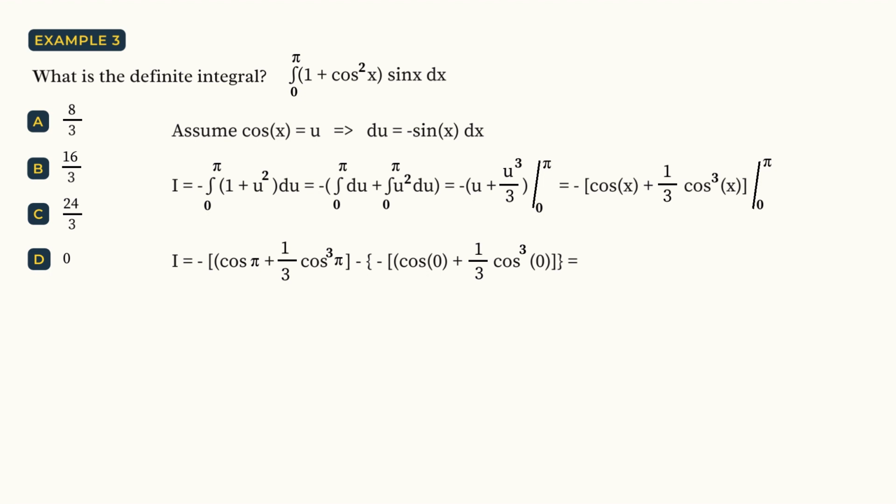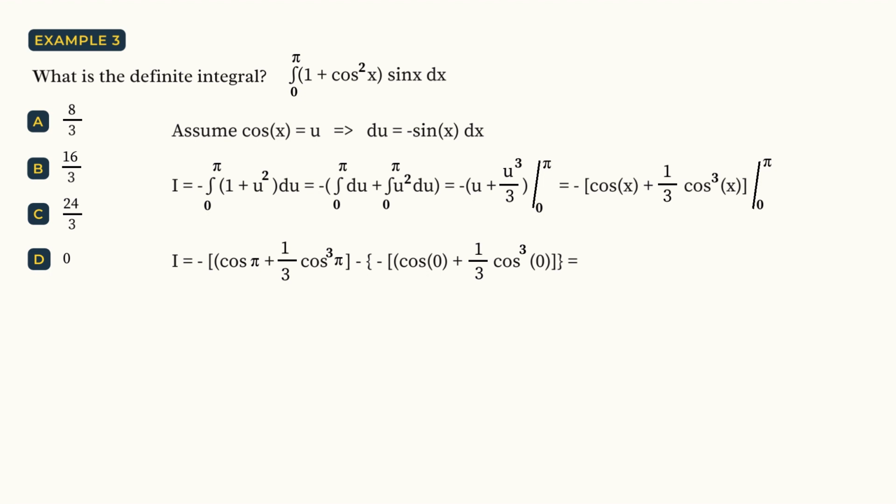So we're going to keep the minus in front, and F(pi) equals cosine pi plus 1 over 3 cosine power 3 of pi, minus, from the initial formula, and then you have the minus from our equation, and now we got cosine 0 plus 1 over 3 multiplied with cosine power 3 of 0.